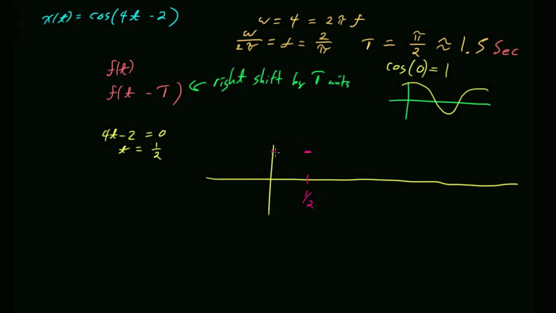So I can imagine that my cosine will start there, and from here it will follow a natural course where the period is pi over 2 seconds. So what's this number going to be? It's your original 1/2 plus the period, which is pi over 2.